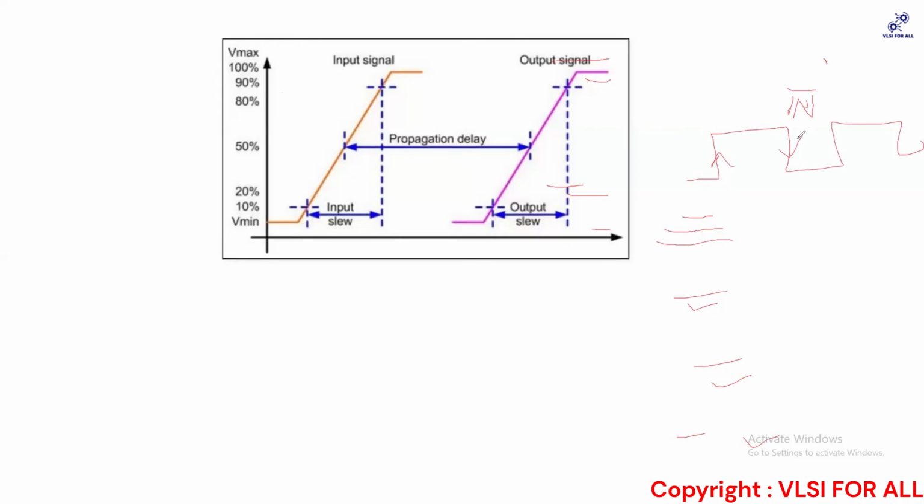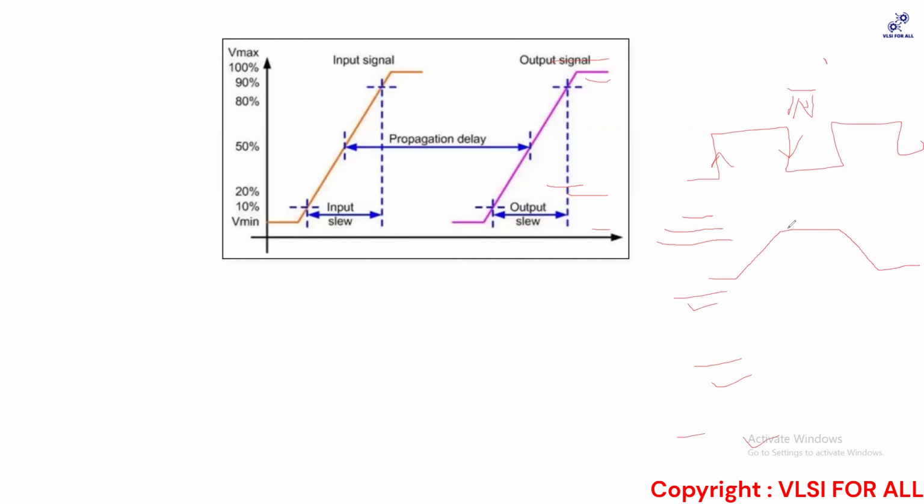But the real world doesn't happen like this. The signal never makes a transition from 0 to 1 in 0 seconds. It takes some amount of time. So this is how a real data signal propagation or clock signal propagation looks like.